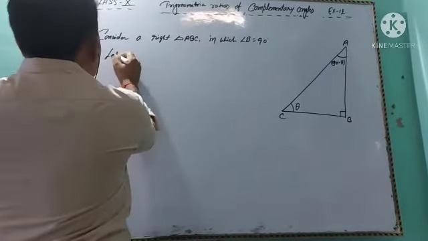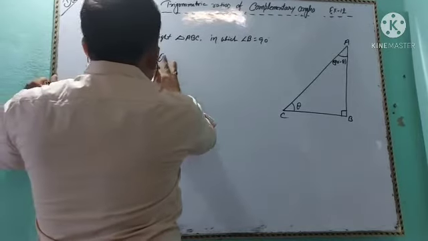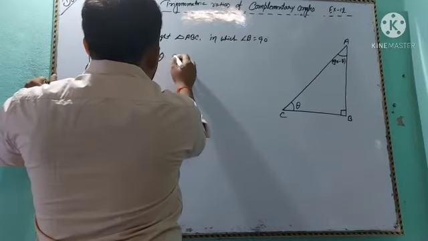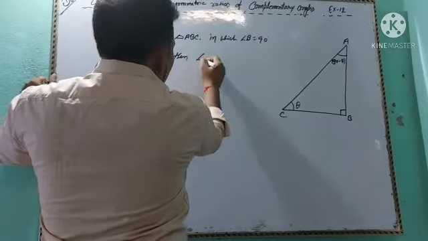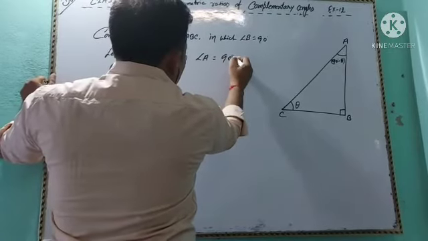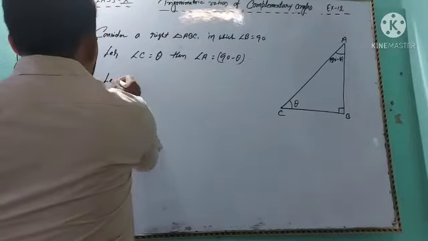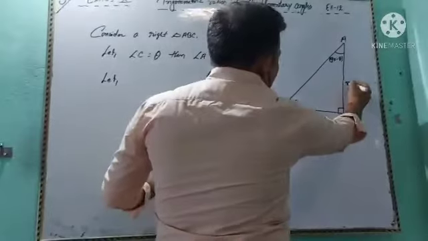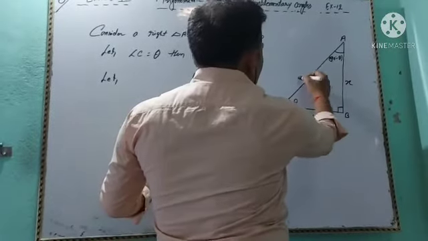Let angle C be equal to theta, then angle A is equal to 90 degrees minus theta. Let AB be equal to X, BC be equal to Y and AC be equal to R.